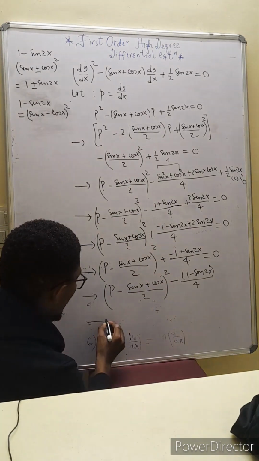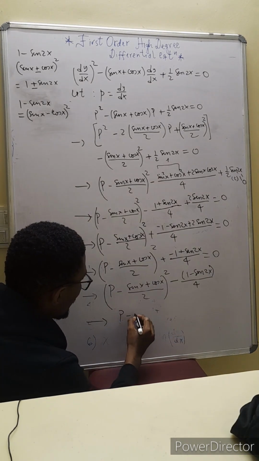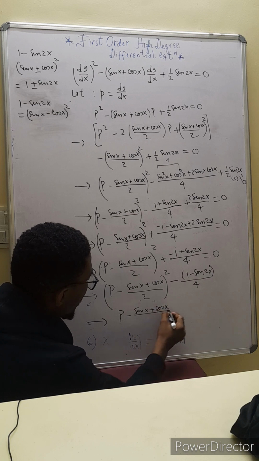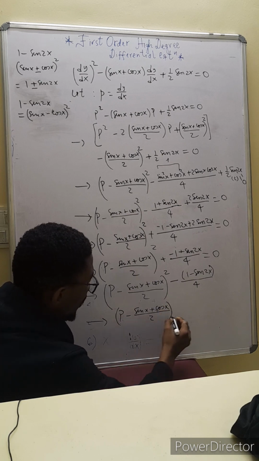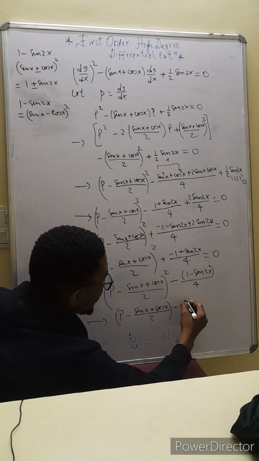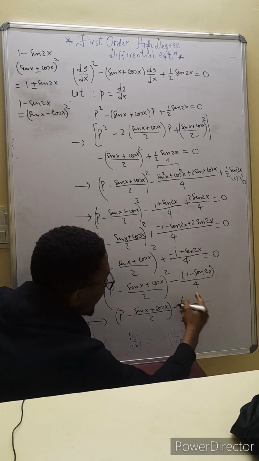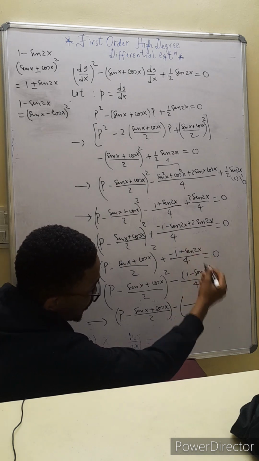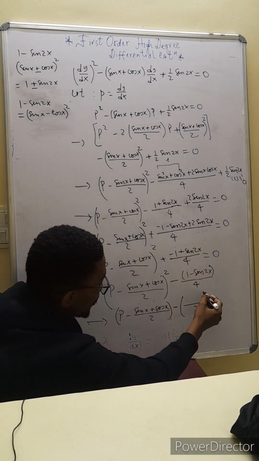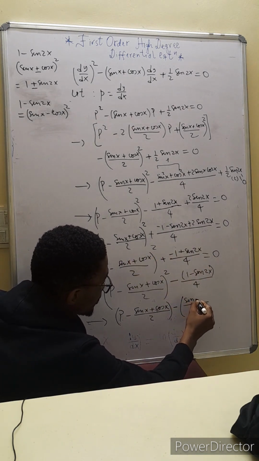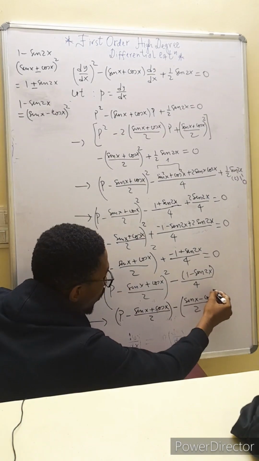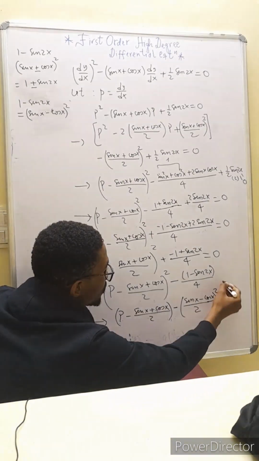So you can just come here and see p minus (sin x plus cos x) by 2, then it will be minus, okay? This 4 is also 2 squared, because I'm just trying to raise everything with the same exponent. Then here we have (sin x minus cos x) all squared equal to 0.